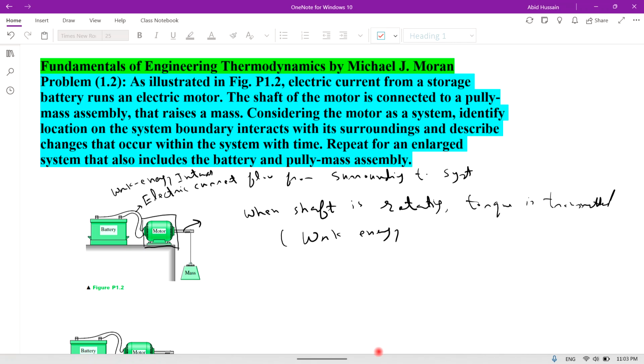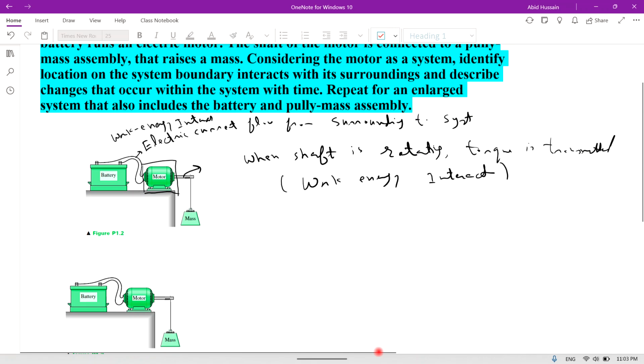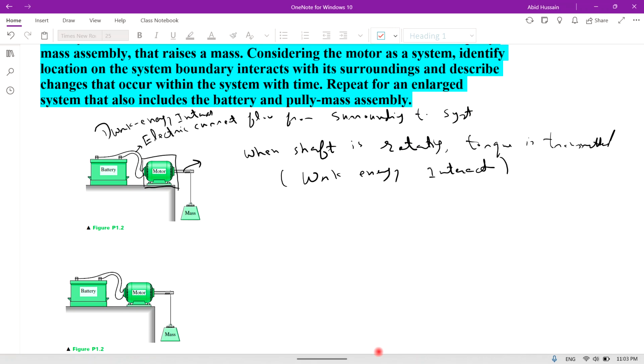Torque is transmitted from system to surroundings. This is the second work energy interaction. The first is current flow from surroundings to system. The second is that the shaft is rotating and torque is transmitted from system to surroundings.